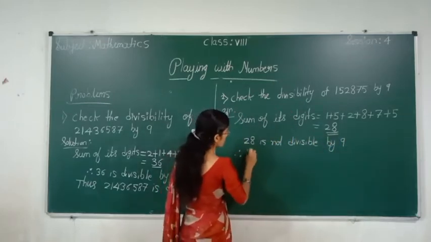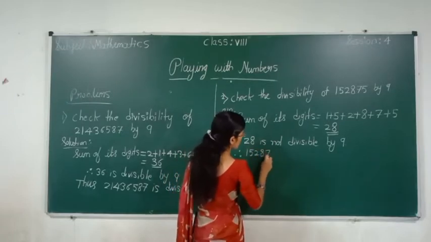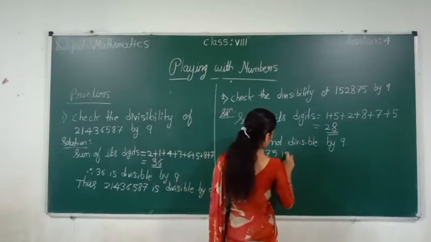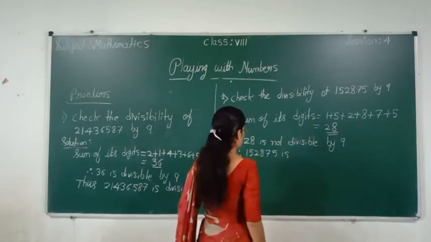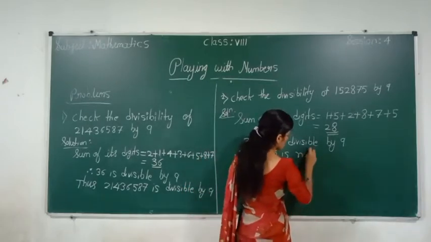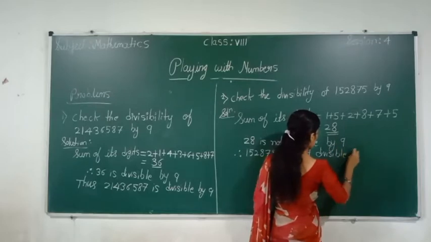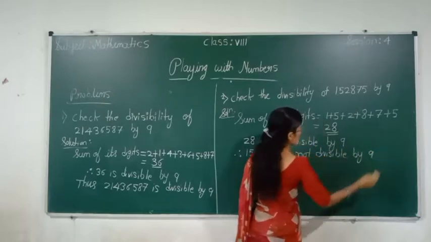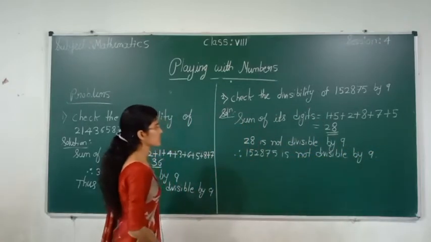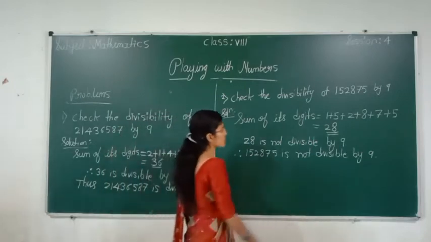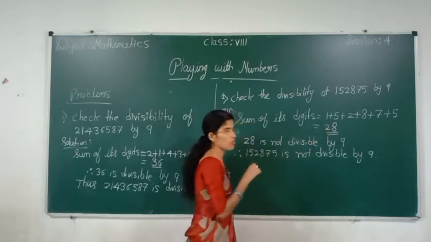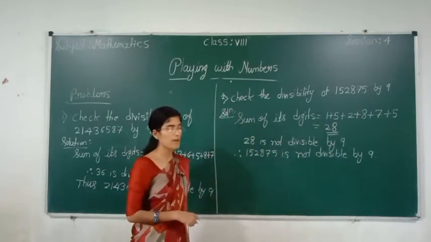Therefore, 52875 is not divisible by 9, because the sum of its digits is not divisible by 9.